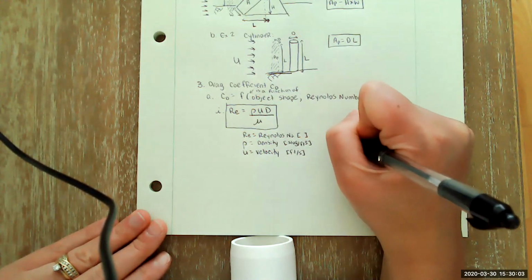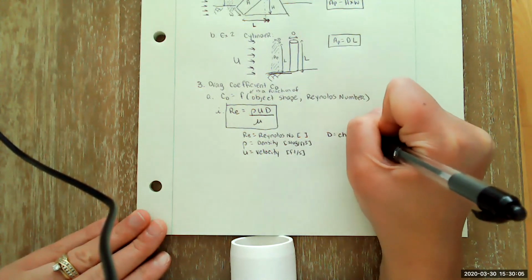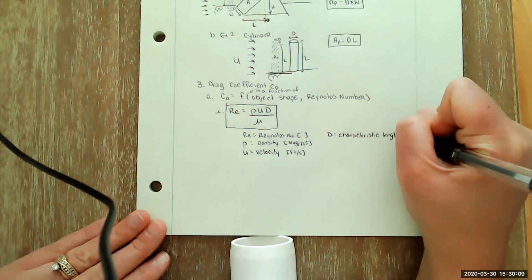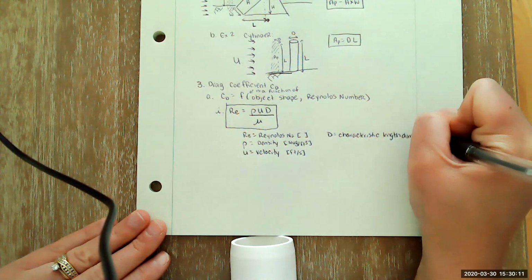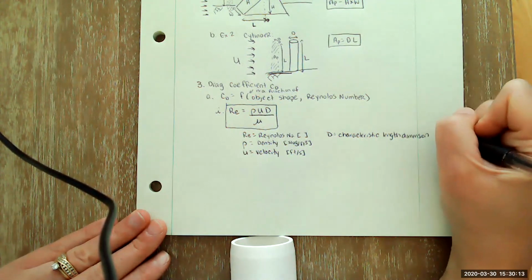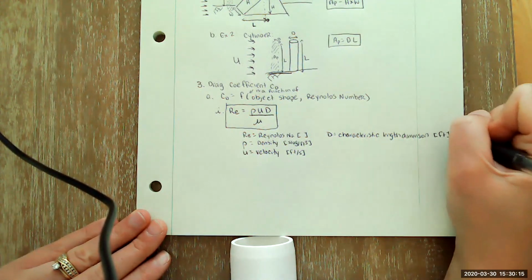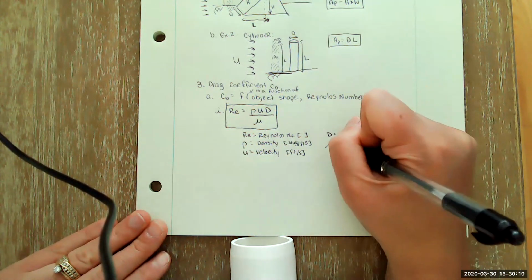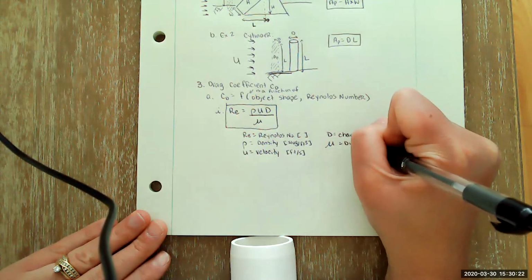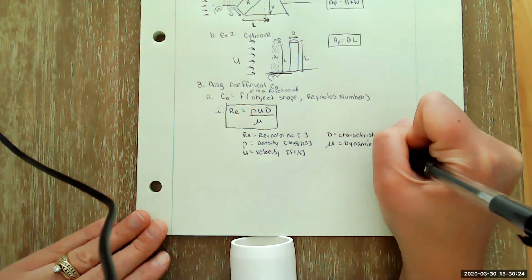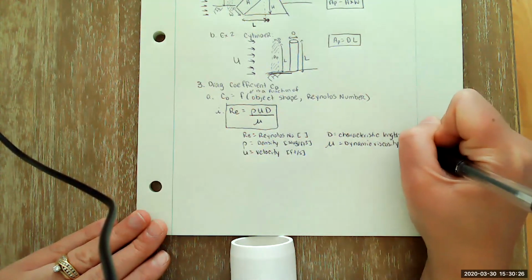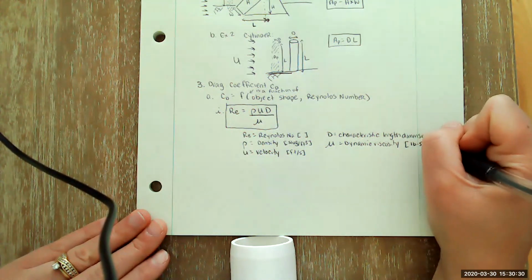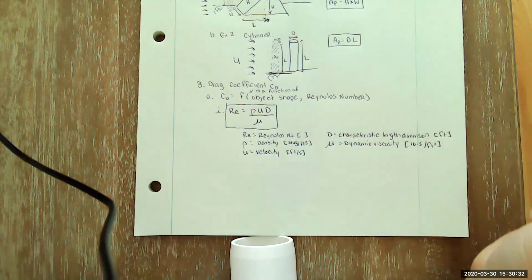D is our characteristic length dimension, so that will be in units of feet or meters. And finally, mu is our dynamic viscosity, and the units of this are pound times second divided by feet squared.